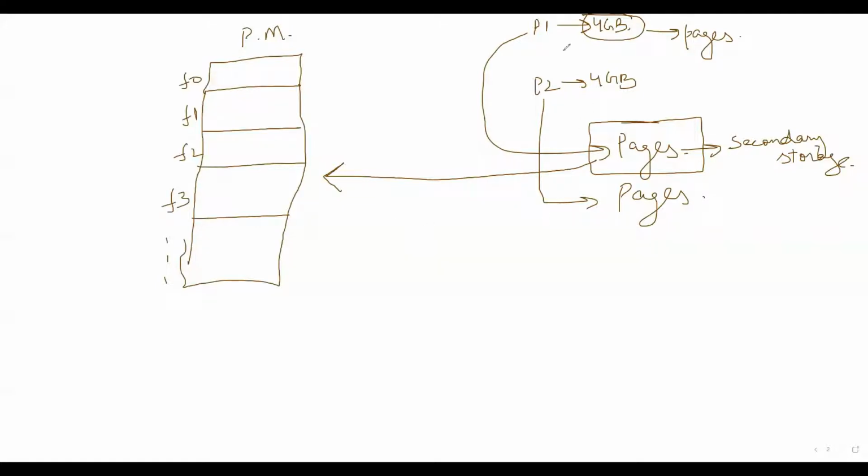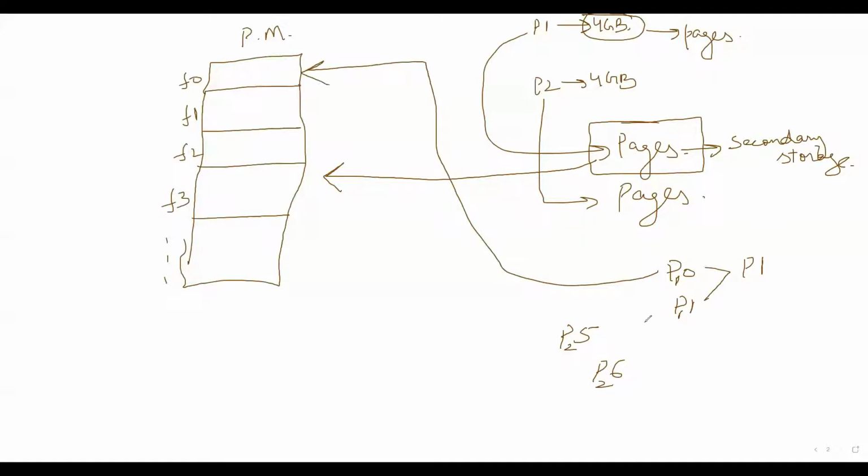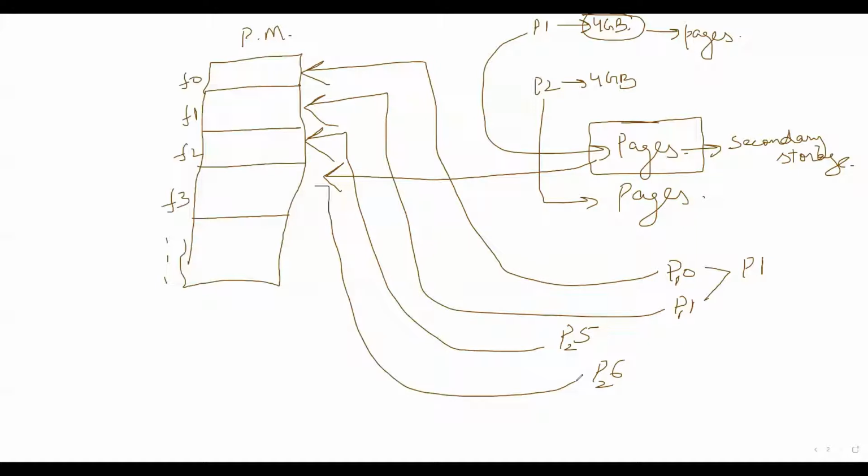Okay. So let's say I got some pages: page 0 and page 1 of process 1. Likewise, let's say I want to get page 5 of process 2 and page 6 of process 2 into the memory. So I will map this page to one frame, this page to another frame, this page to another frame, and this page to another frame.